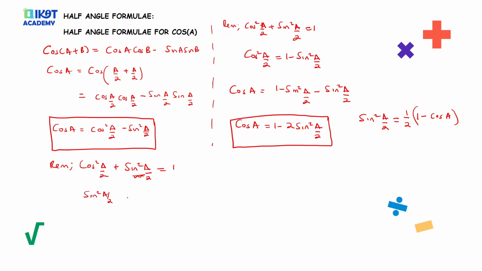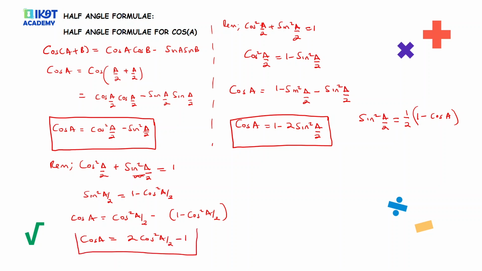This time I make sine squared A/2 the subject to be 1 minus cos squared A/2. If I substitute into this formula, I would get cos A is equal to cos squared A/2 minus 1 minus cos squared A/2. When you open the bracket, this will become a plus. So we end up having cos A equal to 2 cos squared A/2 minus 1.